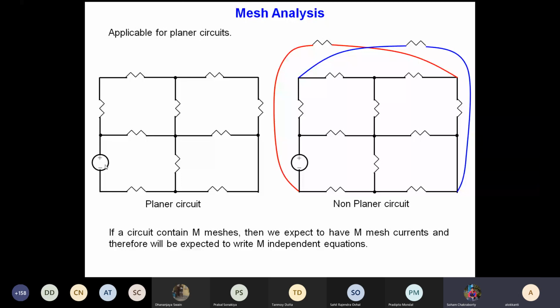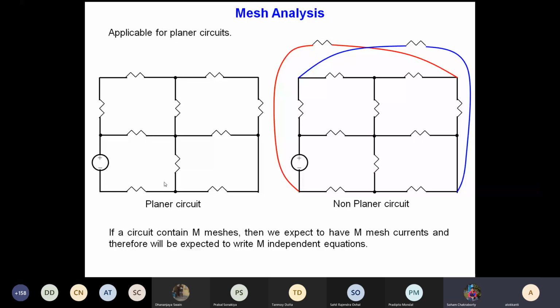Sir, this might sound like a stupid question, but why can't we use mesh analysis for non-planar circuits? Those will actually need other advanced algebraic techniques. If you are an electrical engineering student, there are courses on signals and networks where you will study.